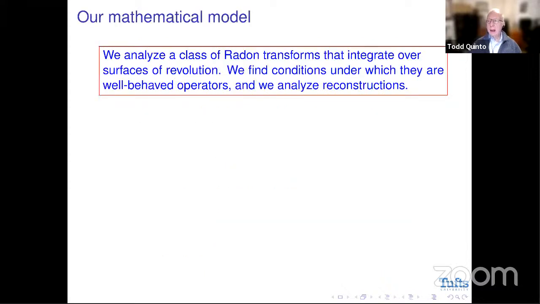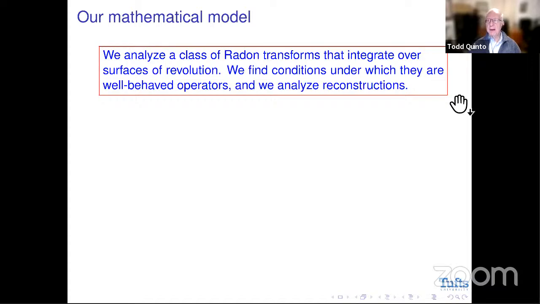Good. What we're going to do is analyze a class of Radon transforms that integrate over surfaces of revolution. This could be just a classical problem, but it is motivated by applications, which I'll explain in a little bit.